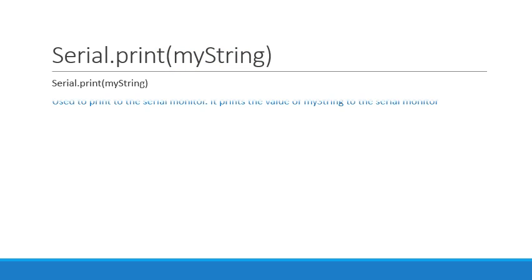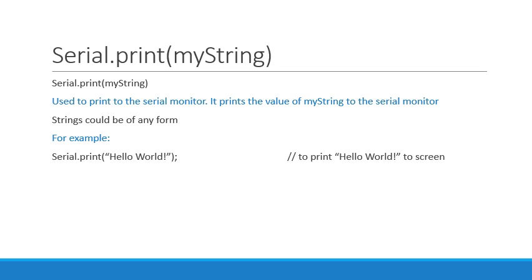Strings could be of any form. For example, Serial.print("hello world"). You see it is in quotation marks in the parenthesis there. Don't forget to put that.